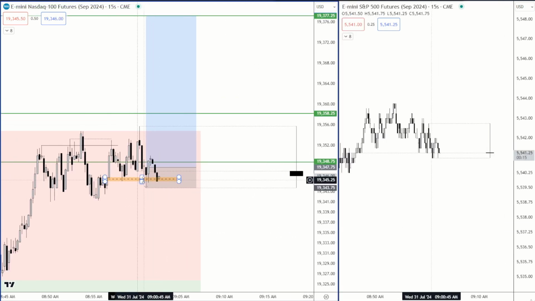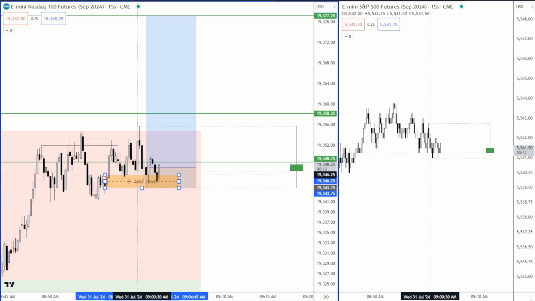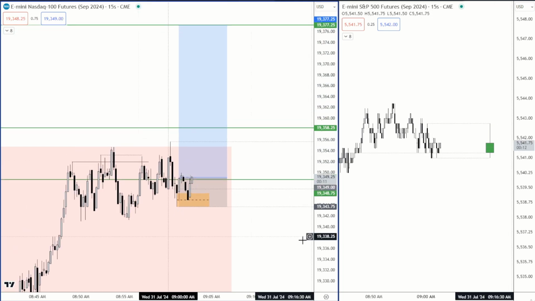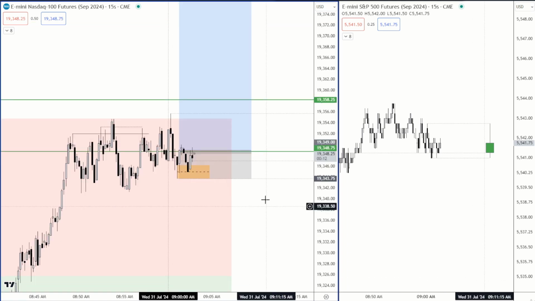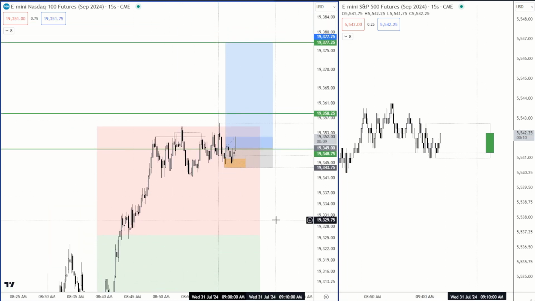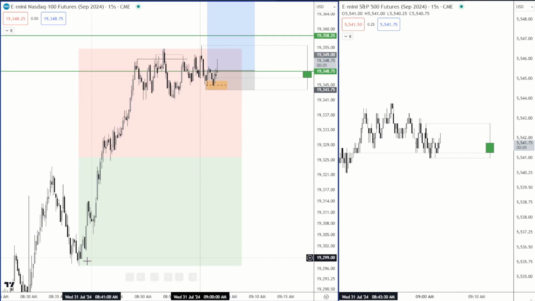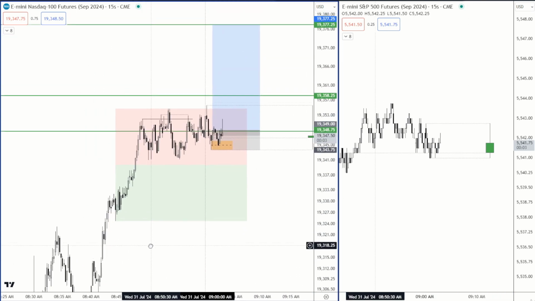There's this wick here. I'd like to see a reversal from. Got a pretty bad fill. Right, but I want to see another expansion off of this accumulation.